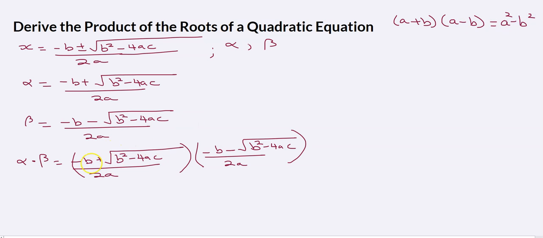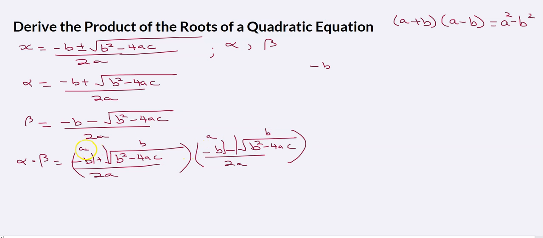So you can see here our terms are pretty much the same. The only thing that changes is the sign in the middle. So what we're going to end up with is something that looks like this. We're going to apply this. Remember, this part right here is going to be our a. This part right here is going to be our b. So you can see here a, and then this is going to be our b.